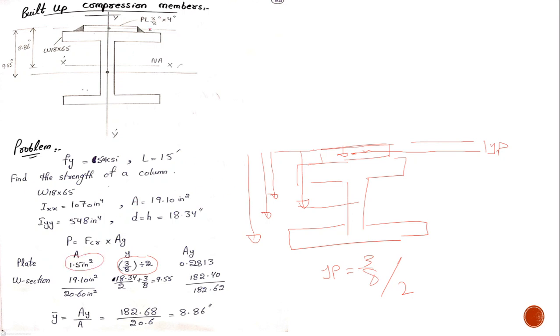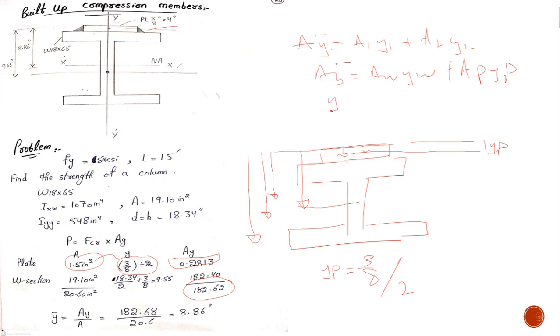4 into 3 by 8 gives us 1.5. So if you multiply these two, you will get this. So this would be summation. The formula comes out to be very simple: Ay dash is equal to A1y1 plus A2y2, or simply AwYw plus ApYp, and this is your Ay dash.